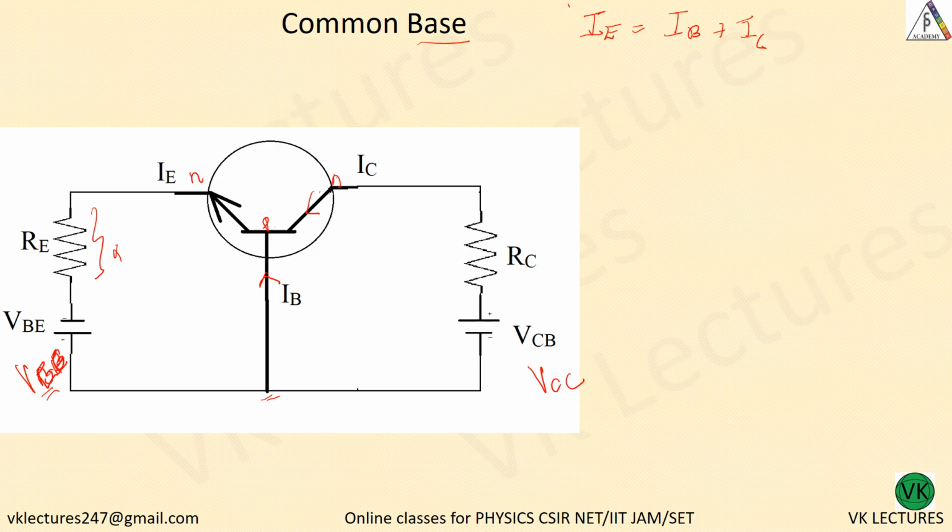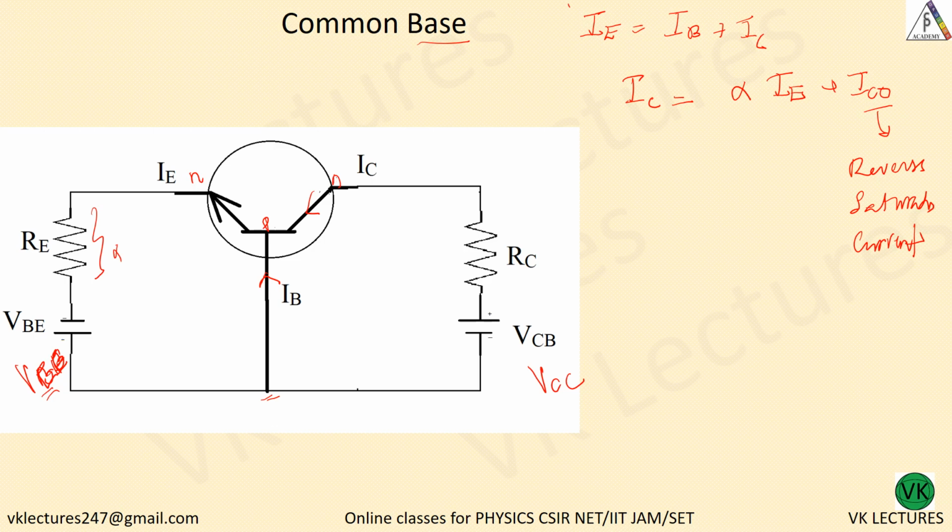Okay, now I can write IC is equal to alpha times IE. That means IC is part of IE. That means IC is alpha times IE plus IC naught. This IC naught is the reverse saturation current, a negligible value.